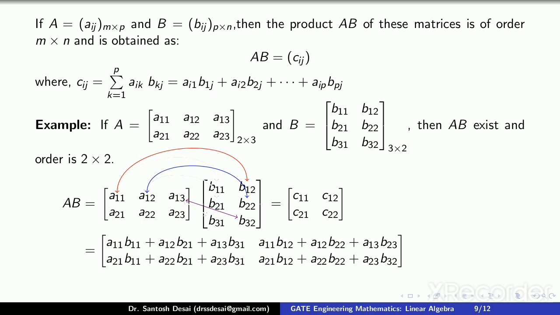So this is the multiplication of the matrices A and B. You can extend this idea for any order of A and B where the product of A and B exists.